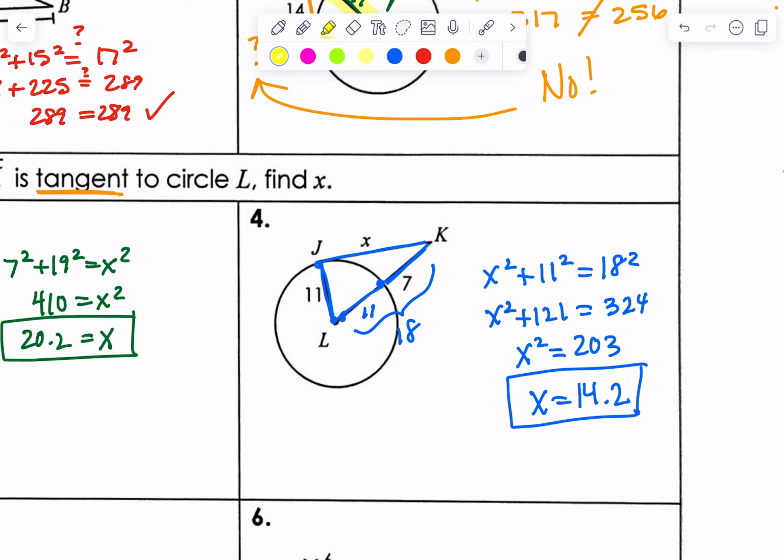So just again, remembering that radiuses have to be the same, and if it looks like a radius, it probably is, and that our right angle will be between the tangent and the radius, so between the two legs and never the hypotenuse.